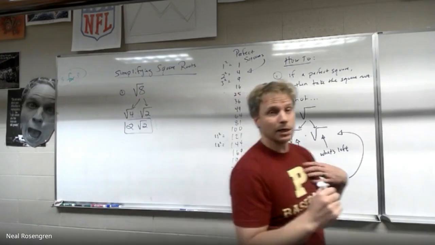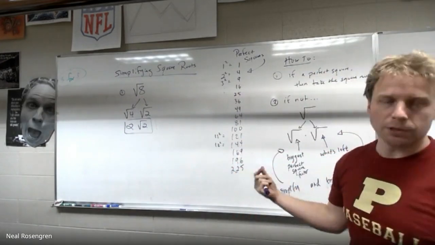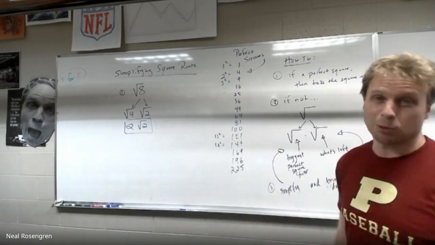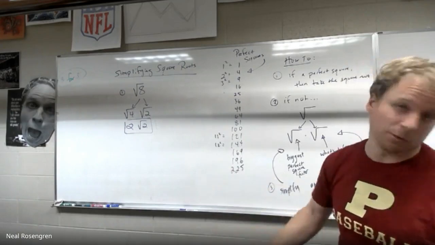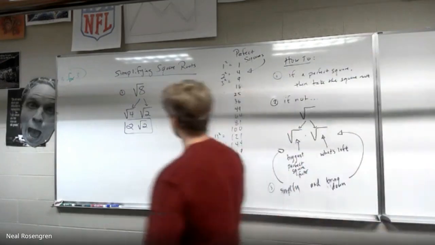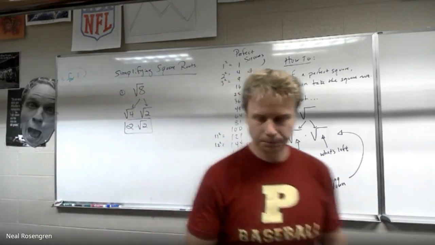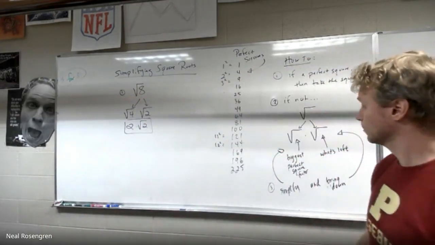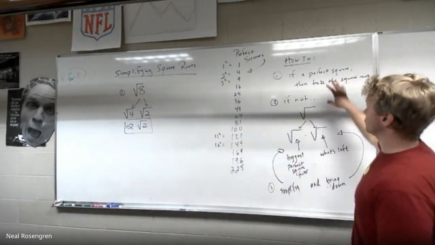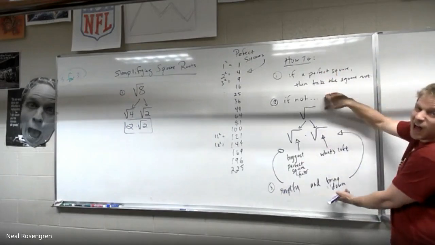Use the dot in between or not. You really don't have to, because if you don't put a symbol between things, they're connected by multiplication. 3x is 3 times x. So 2 square root of 2 really means 2 times the square root of 2. And that's it. Really, one step if it's perfect, and then just these 2 if it's not.